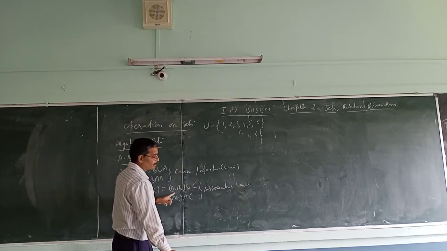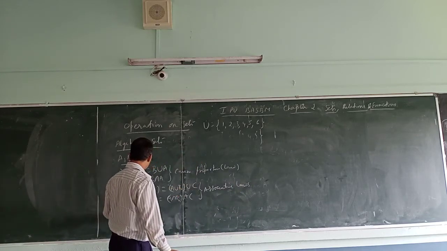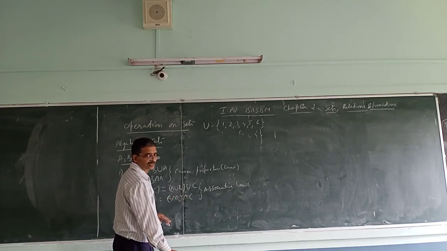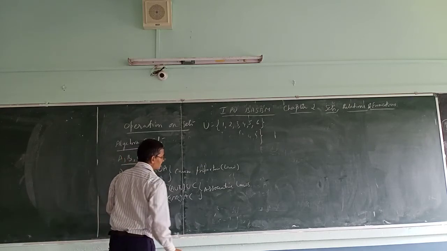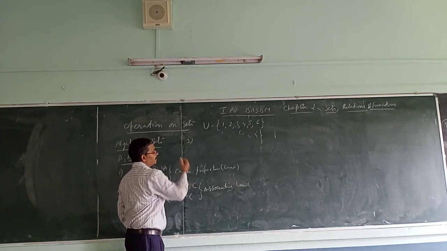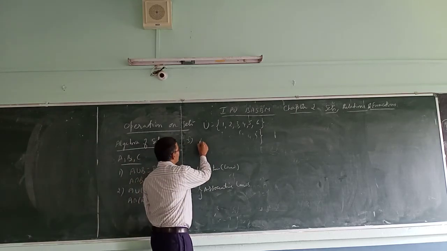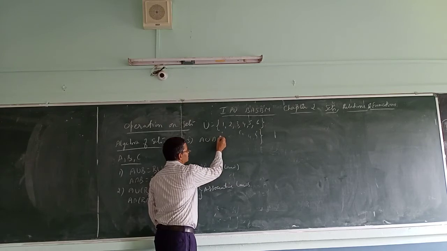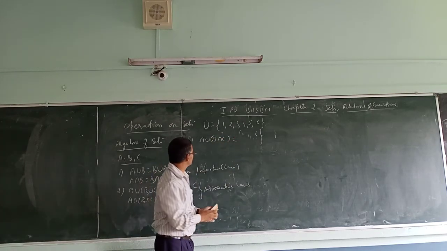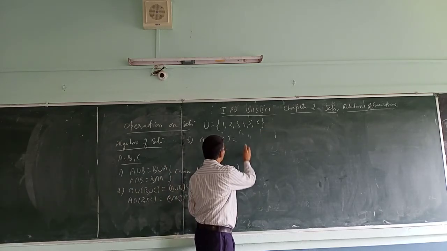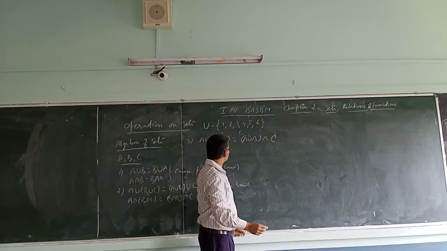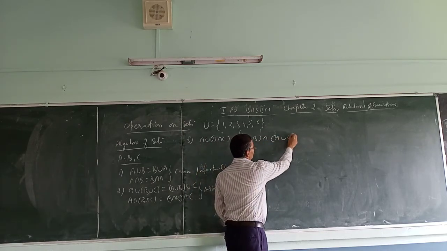(A union B) union C equals A union (B union C). (A intersection B) intersection C equals A intersection (B intersection C). One more, the third one. A union (B intersection C) equals (A union B) intersection (A union C).